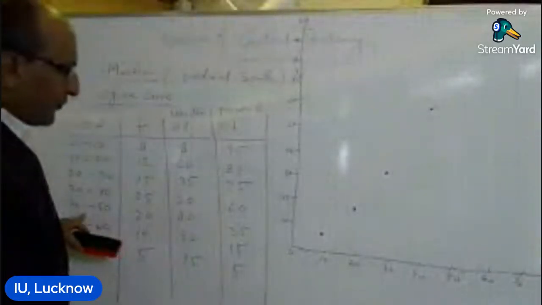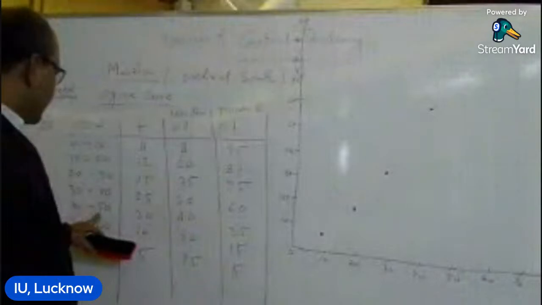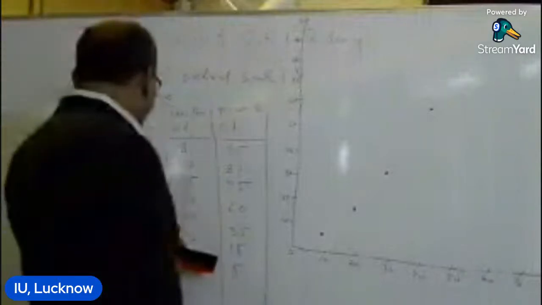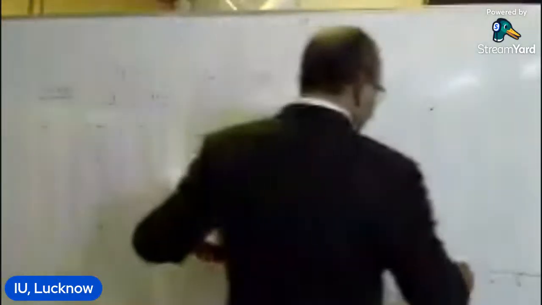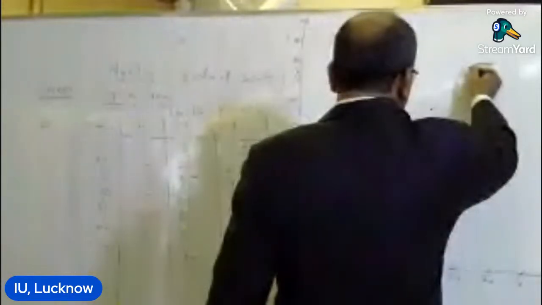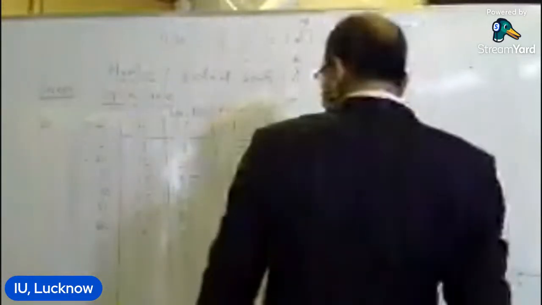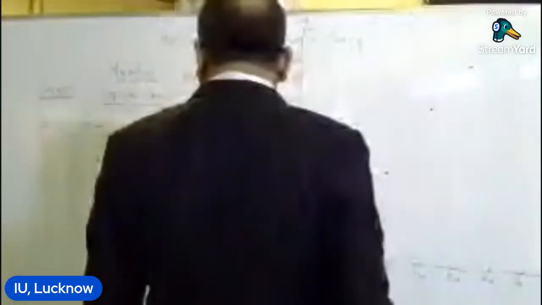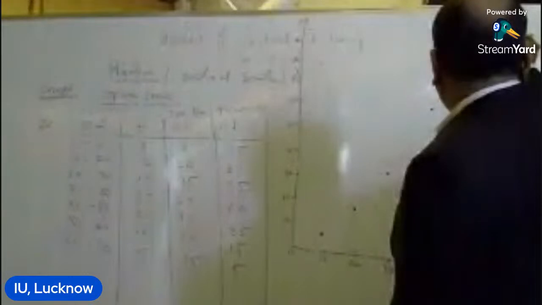Less than 50 the value is 80, like this. Less than 60 the value is 90. And at 70 the value is 95.